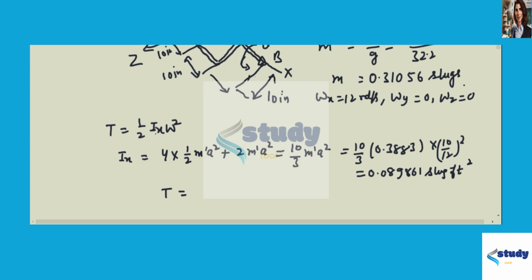So it will be half Ix omega, meaning 0.089861 into omega, that is 12 square. So you will get 6.47 pound feet. That is the answer for it.